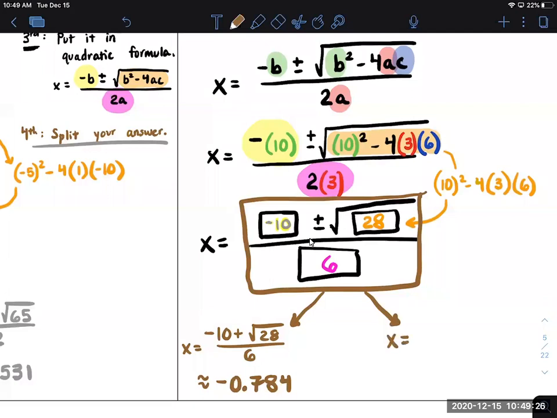Then when you would do your negative answer, the minus answer, negative 10 minus square root of 28 divided by 6, and that is approximately negative 2.548. You can put those in Desmos to get those.